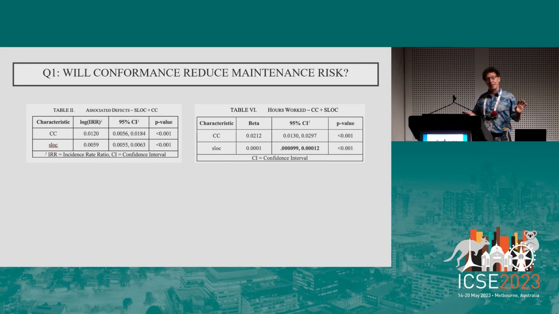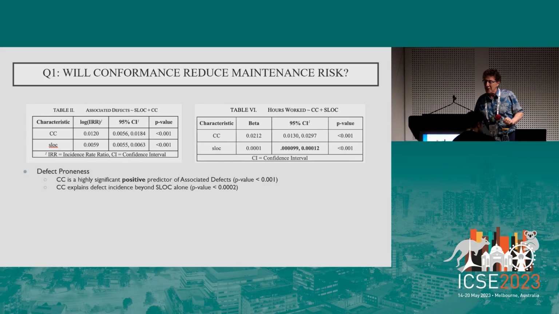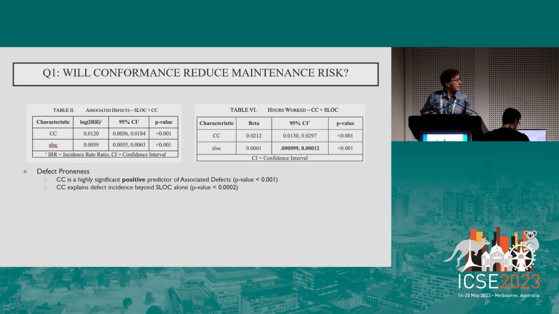Okay. So let's take a look at the 3 research questions. I'm not going to go into great detail on the analysis. You can read the paper, just to give you the highlights. Looking at defect proneness, it turns out that cyclomatic complexity is highly correlated with defects. So it is true that a higher CC number, cyclomatic complexity number, means higher numbers of bugs.